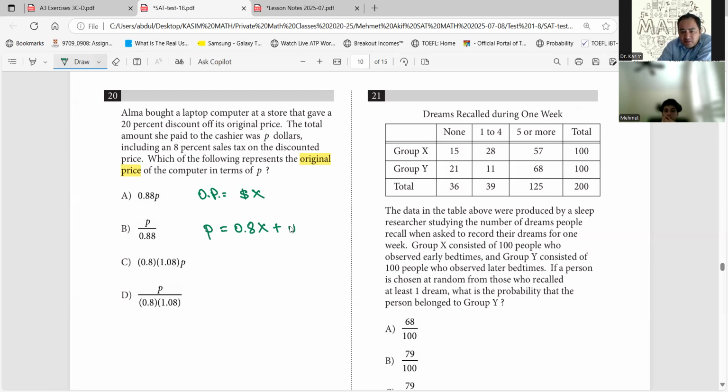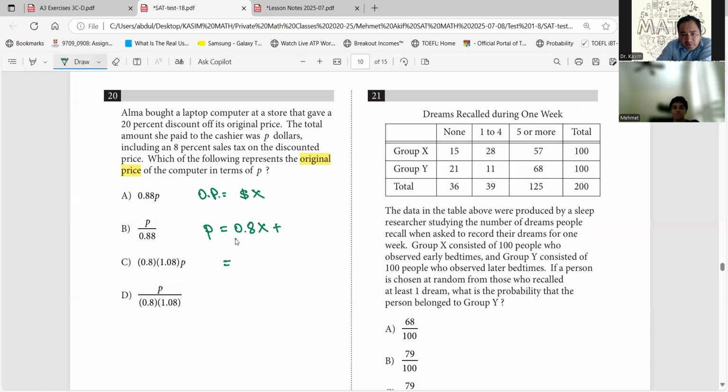8% tax is 0.08x, right? Now we have to solve this equation for x. 0.8x plus 0.08x is 0.88x. No, no, no. We made a mistake here.